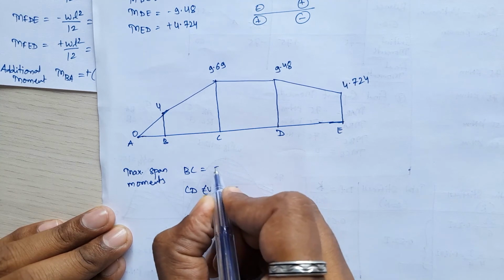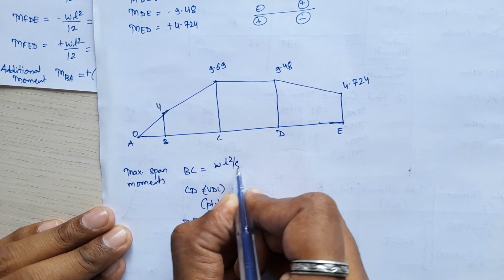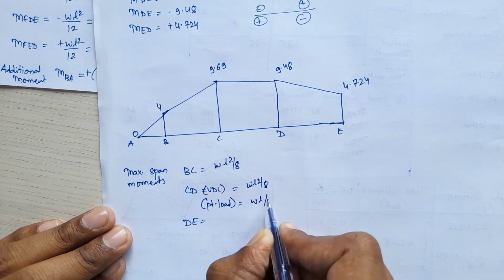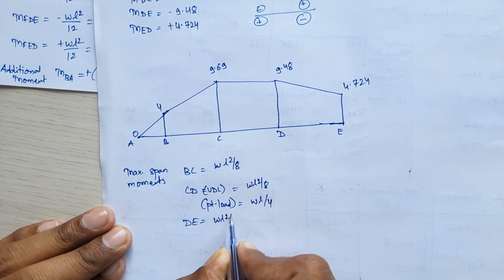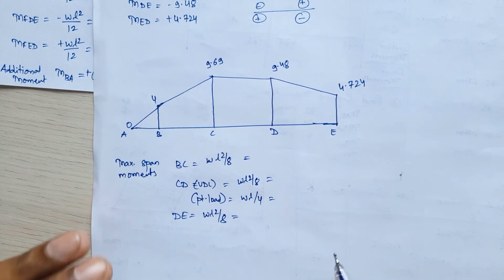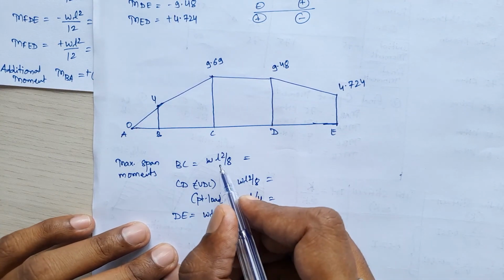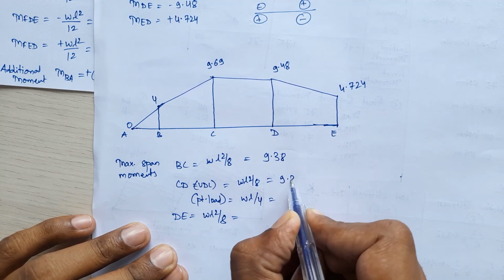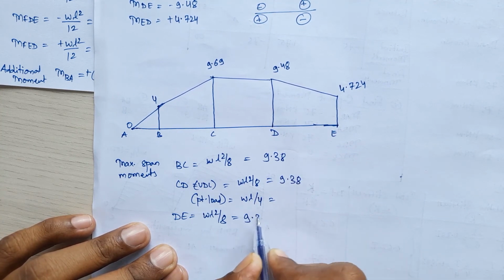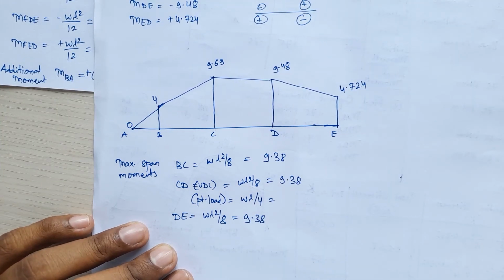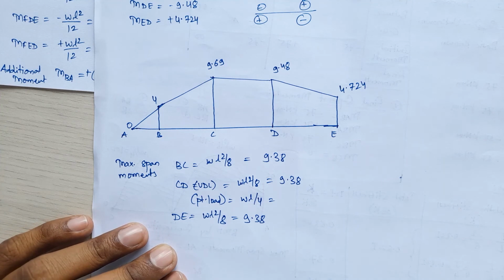So this will be WL square divided by 8, again WL square divided by 8, WL by 4 and WL square divided by 8. If you check these values, you will get WL square by 8 as 9.38, same here 9.38, same here 9.38, because your UDL is not getting changed and the length of all these members BC, CD and DE is constant, that is 5 meters.